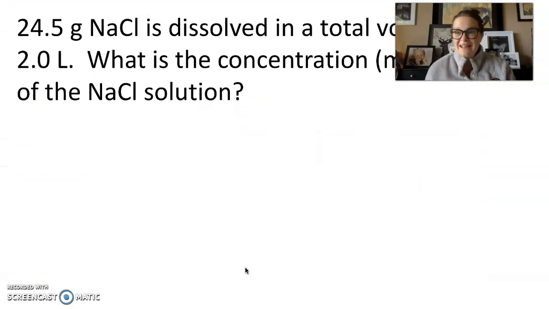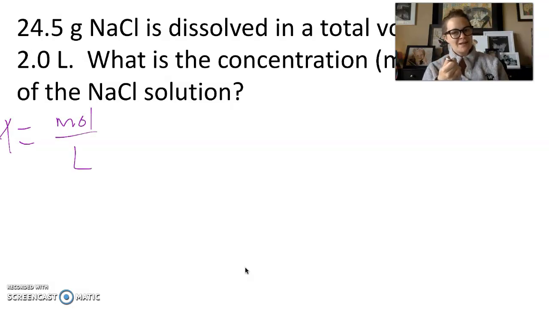Let's jump right in. Let's say you had a 24.5 gram NaCl solution in 2 liters and you were asked to find the molarity of the solution. I like to write out, I know I'm solving for molarity, which is moles per liter, but this is ChemX, we're extreme. Check it. I didn't give you moles, I gave you grams.